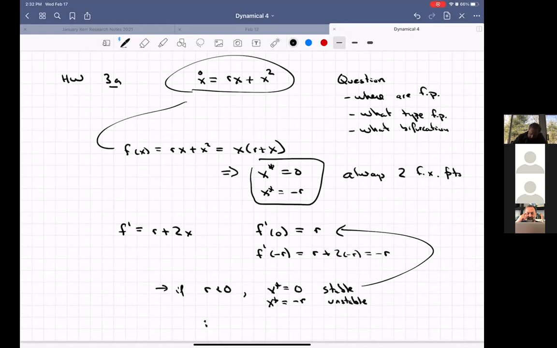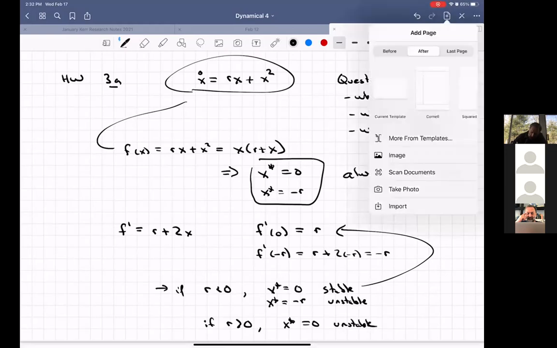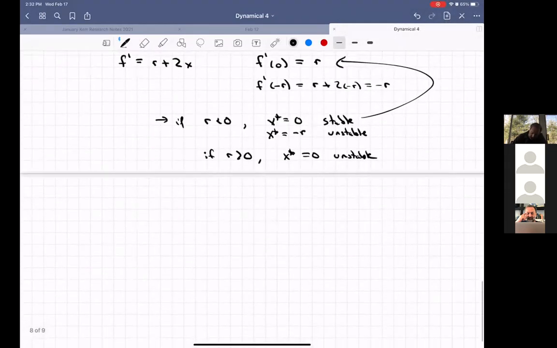And then if r is positive, it's the reverse. X star equals 0 is unstable. And x star equals minus r becomes stable.